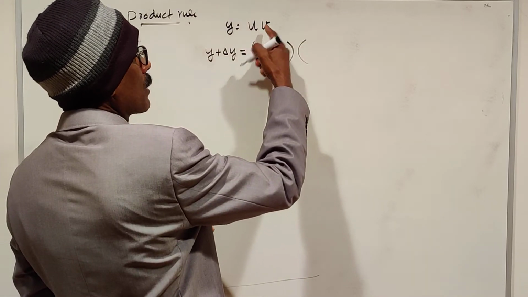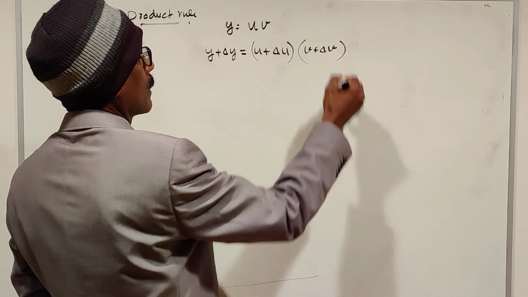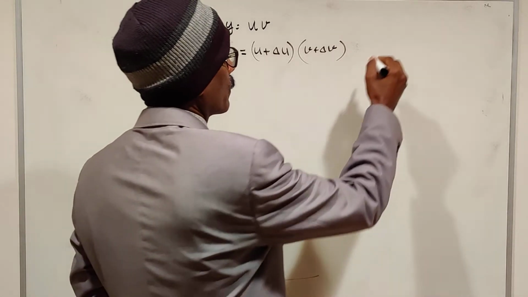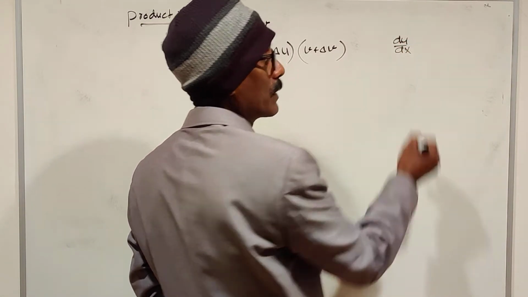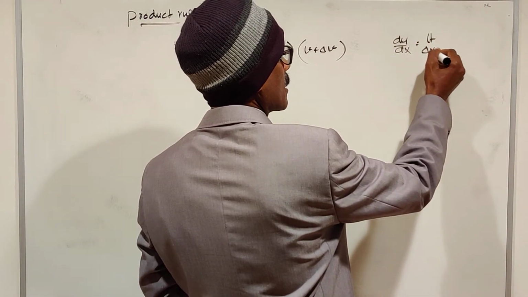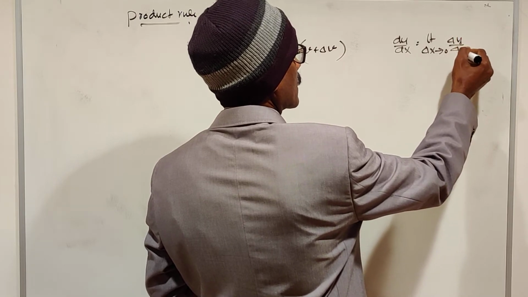The corresponding increment on v is v plus delta v. We are going to find out dy by dx. What is the formula for dy by dx? dy by dx is limit delta x tends to 0, delta y by delta x.